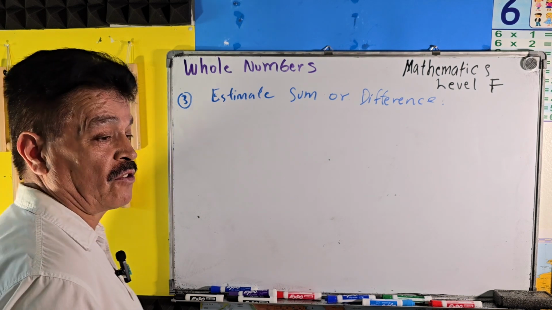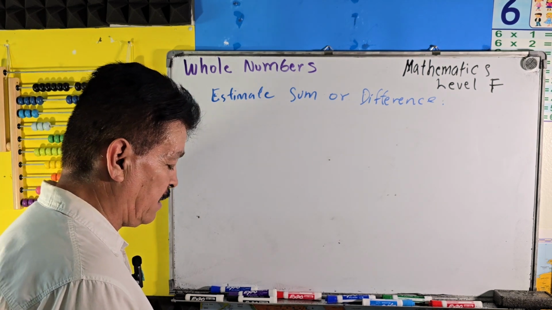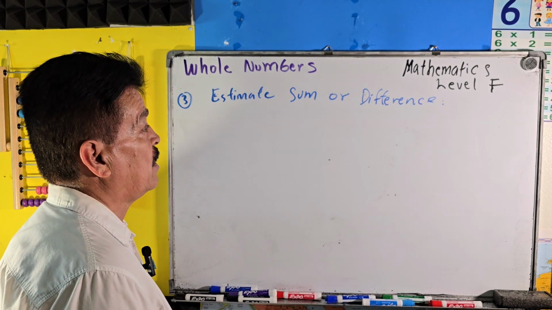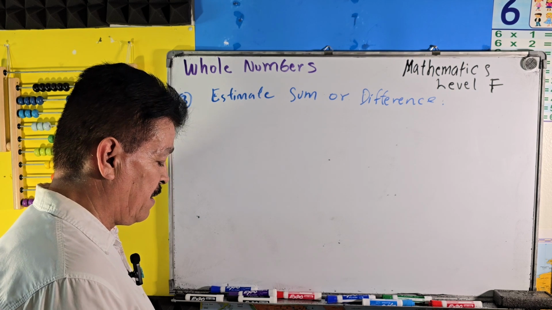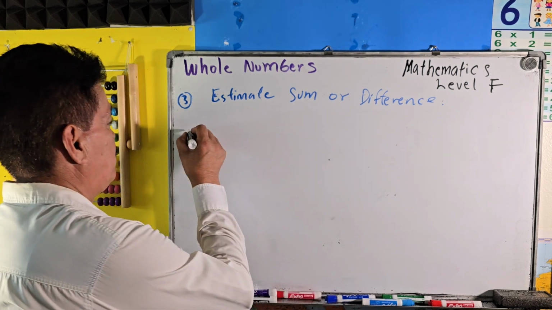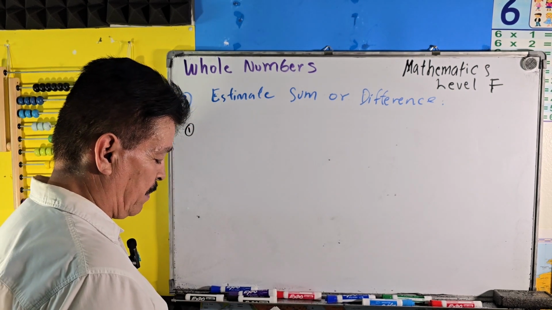We have to write the answer to the nearest 100 and estimate each sum or difference. Okay. So we have number 1. Let's go to the problem here.